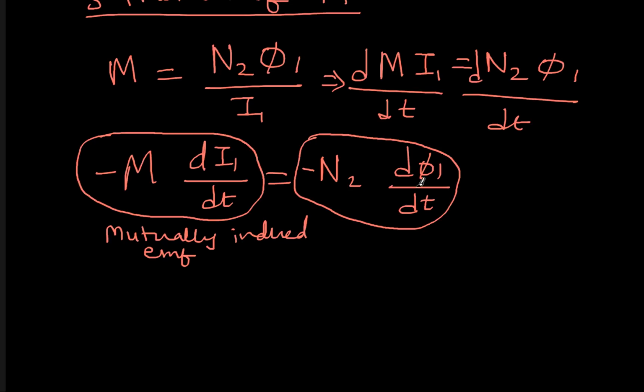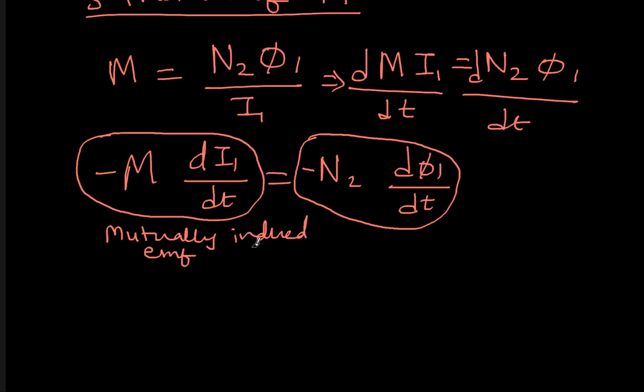Normally, d phi 1 by dt into N1 is the self-induced EMF, whereas d phi 1 by dt into N2 is the mutually induced EMF, because of the rate of change of flux linkages of the first coil, how it links with the second coil and how it is changing.